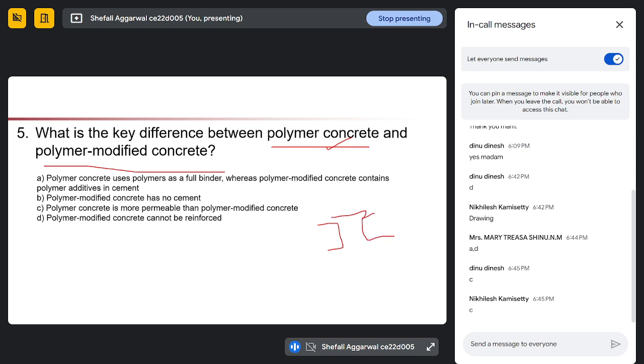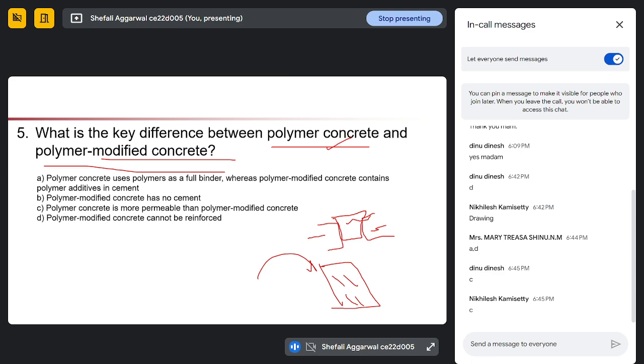At that point, when we are adding this polymer, that is normally called polymer concrete, because we are replacing our concrete with polymer. And in case of polymer modified concrete, we are adding our polymers into the matrix of our concrete by replacing cement or by just adding it as an additive.